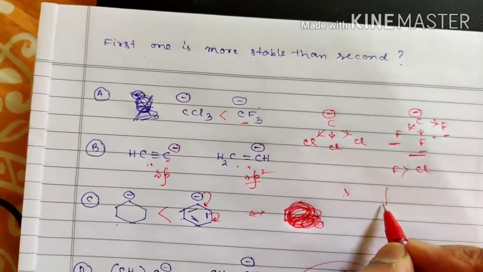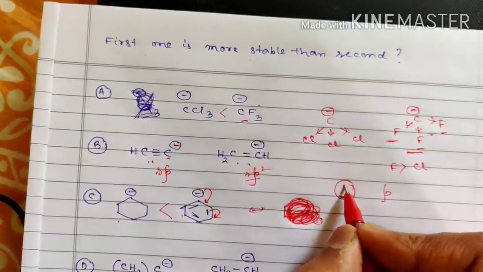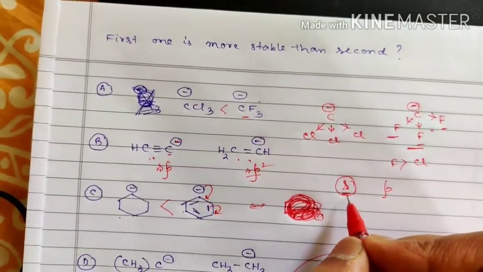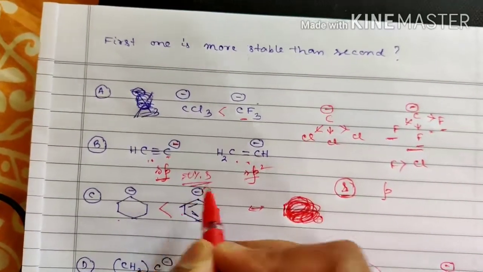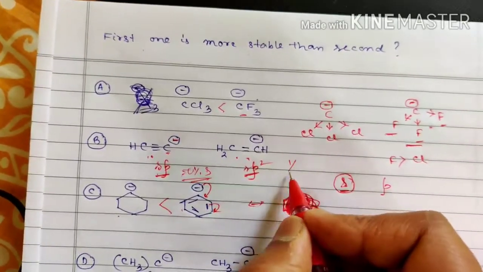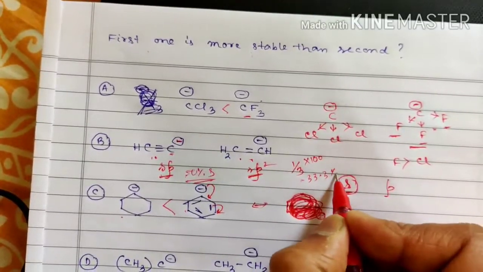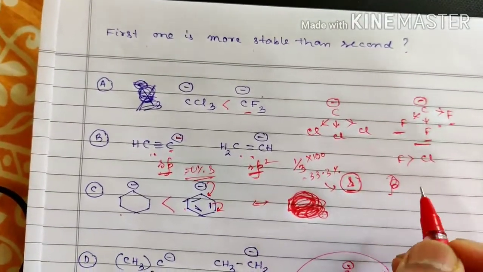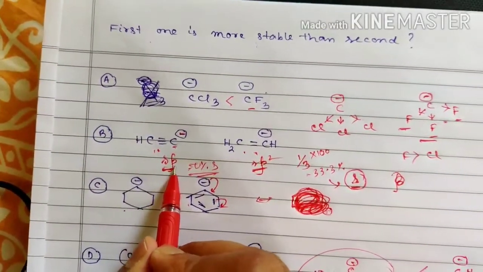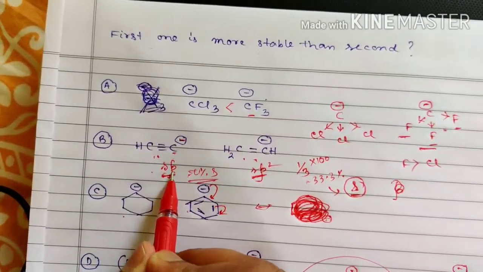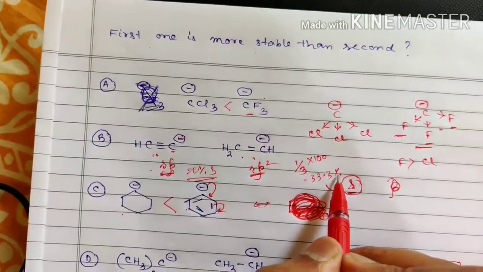We know between S and P, in sp there is 50% S character, and in sp2 it is 1 by 3 into 100, that is 33.3% S character. Again, I would like to repeat that in sp it is 50% S and 50% P, and here it is 33.3% S and the rest is P.